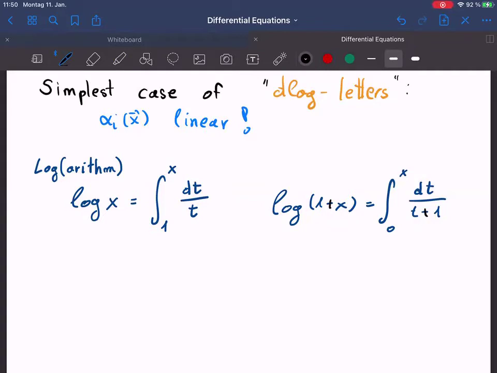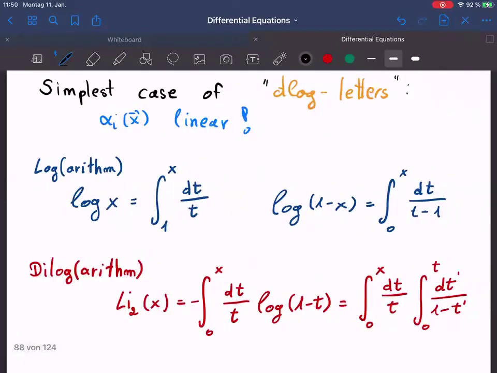If you continue, because now I could write down iterated integrals where I have two differential forms. Then you get things like the dilogarithm, Li2. So that would be when you look at a sequence of iterated integrals.